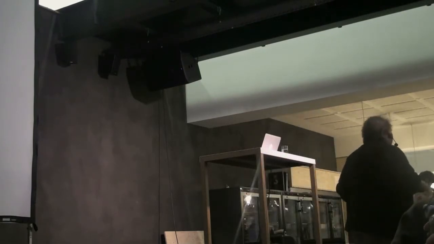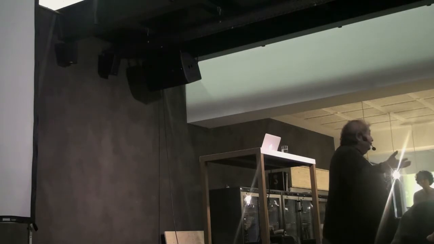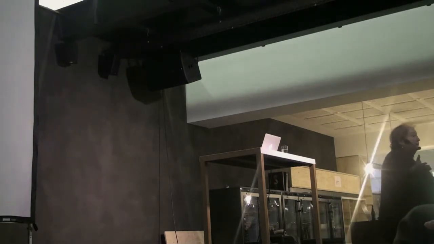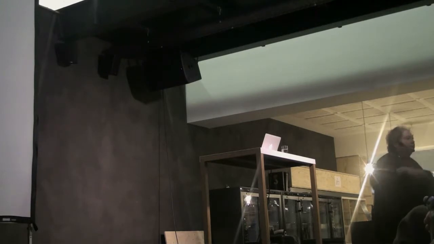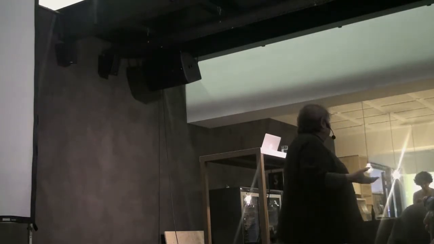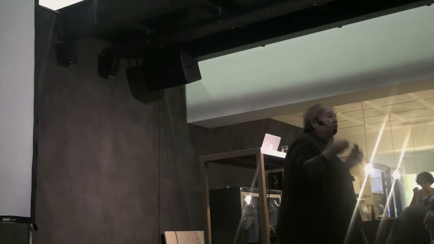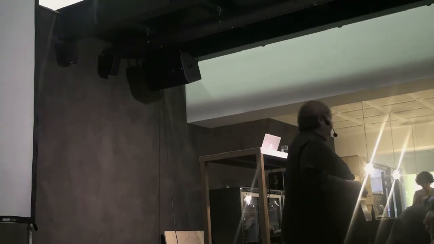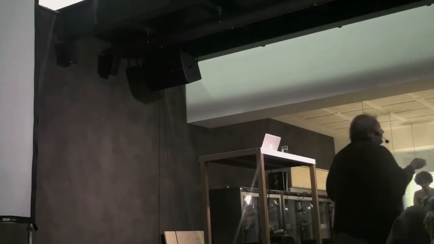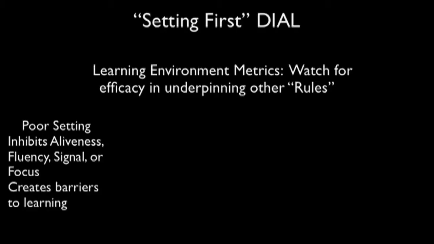For the workshop that I'm going to do tomorrow, the first thing I wanted to do was see the room. What does this room look like? How can I move things around? What do we need to have in here so that people can have the best opportunity for learning, right? The setting is extraordinarily important, because it is the thing that supports all the other learning.